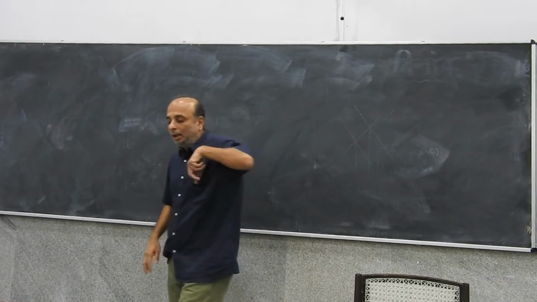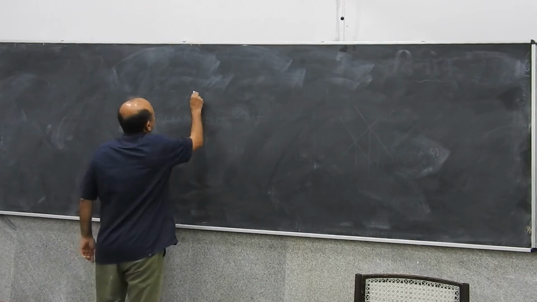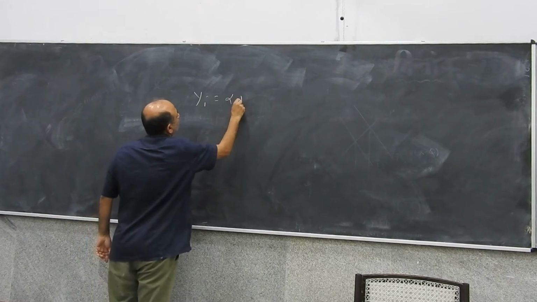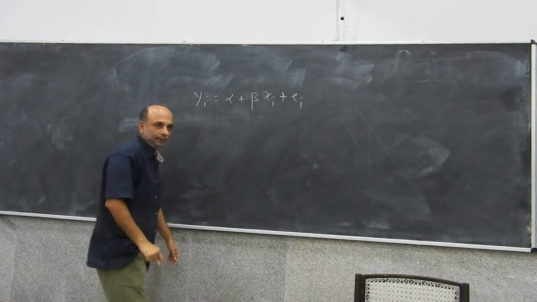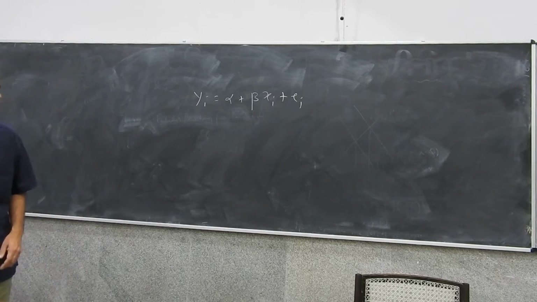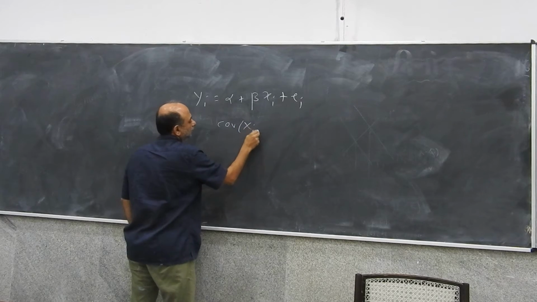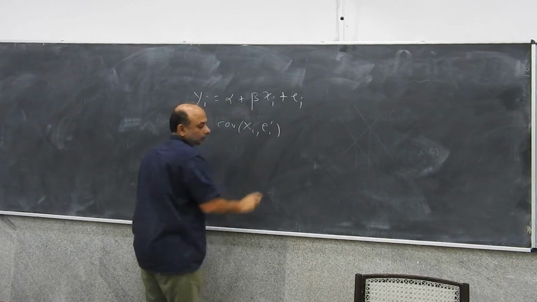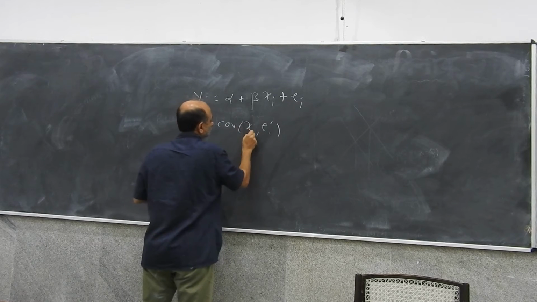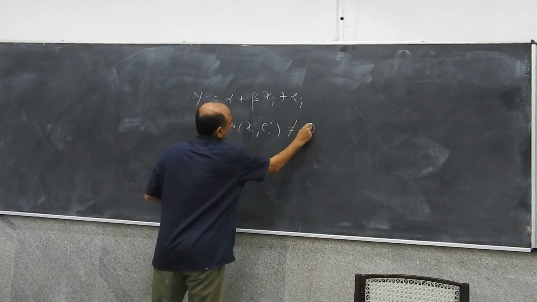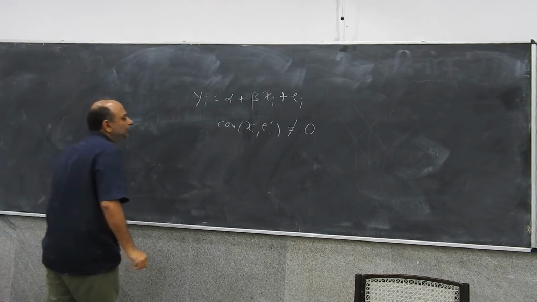Okay? So think of a situation where x and e are correlated, and assume that. What is the implication of this?